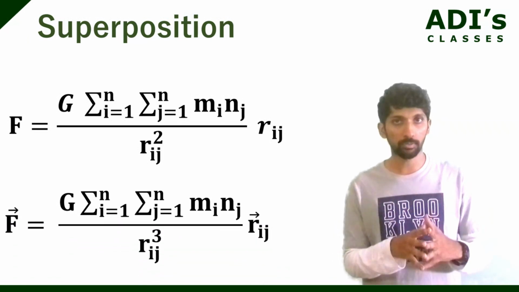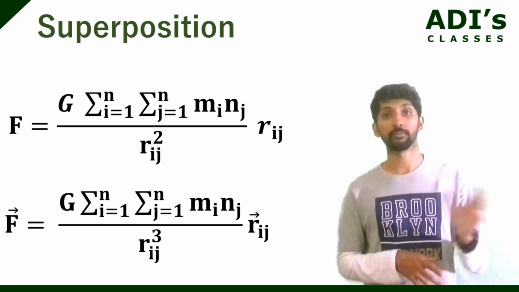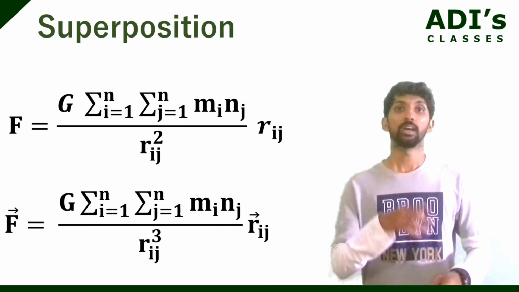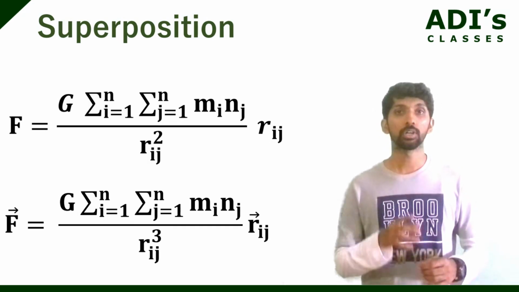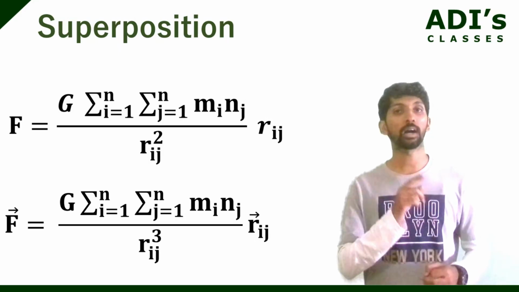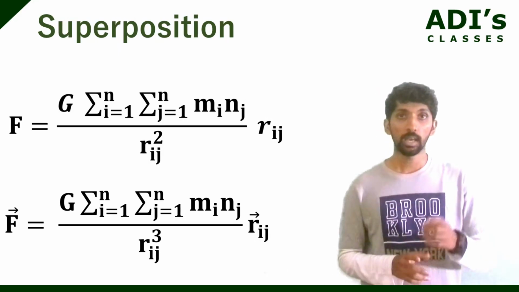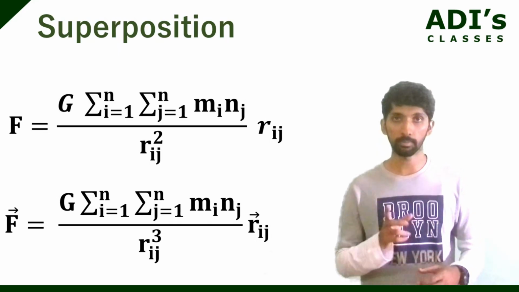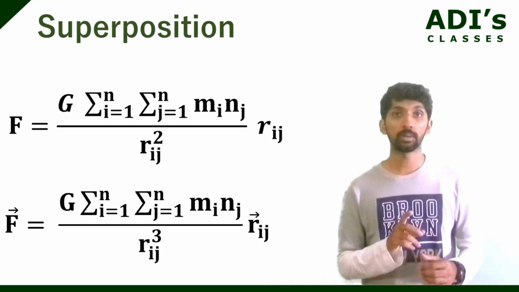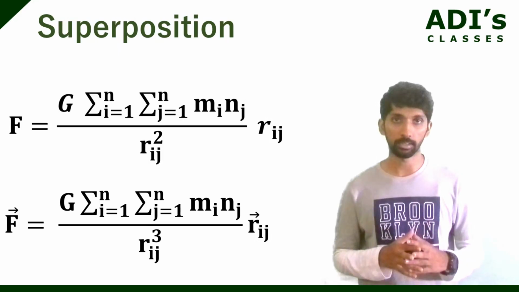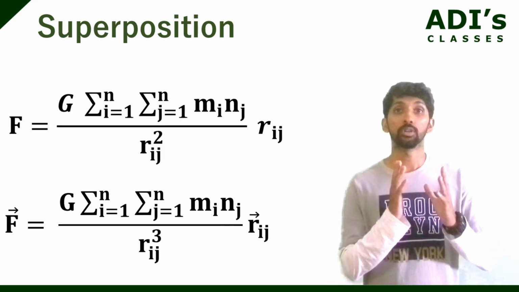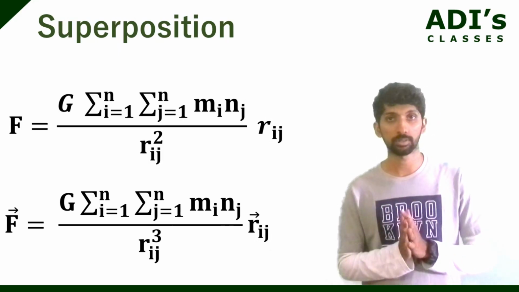So this is the normal form. If I have to do the same thing in vector form, then we get vector F equal to G into sigma i equal to 1 to n, sigma j equal to 1 to n, mi mj divided by rij cube into rij vector.